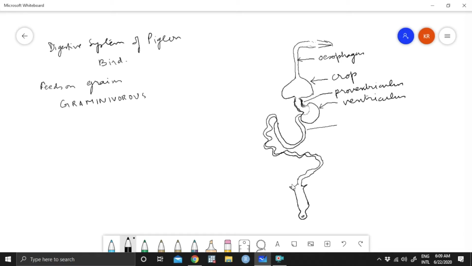This is the duodenum. This is the ileum. This is rectal caeca.